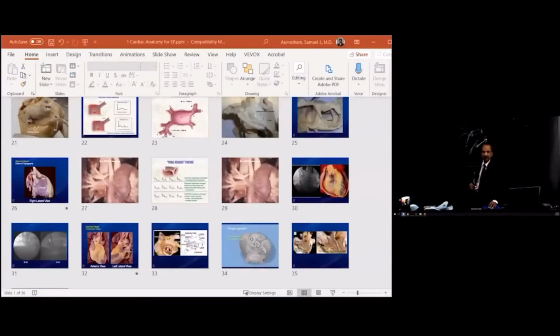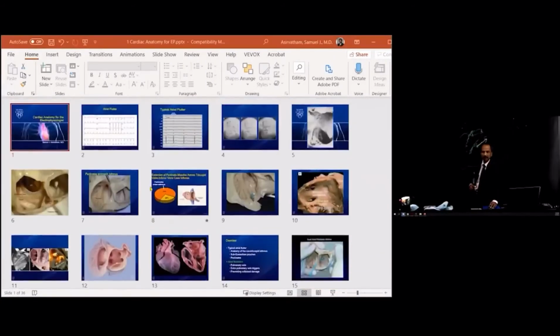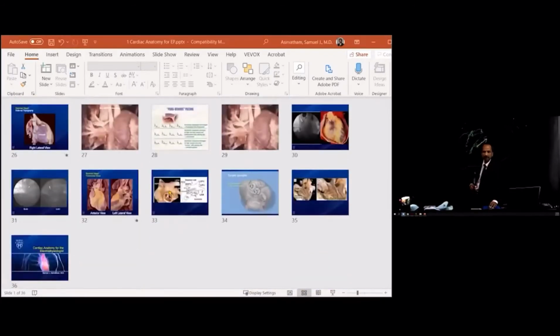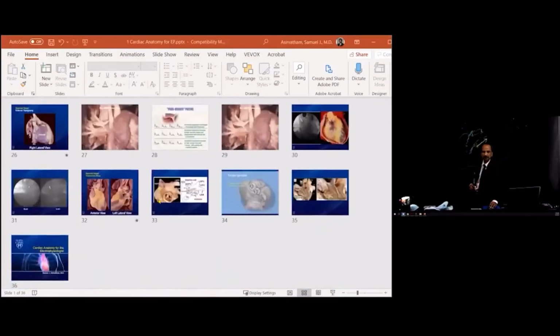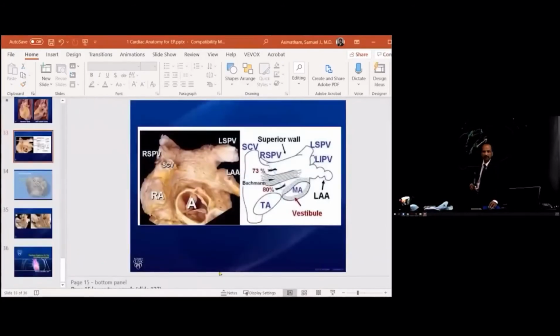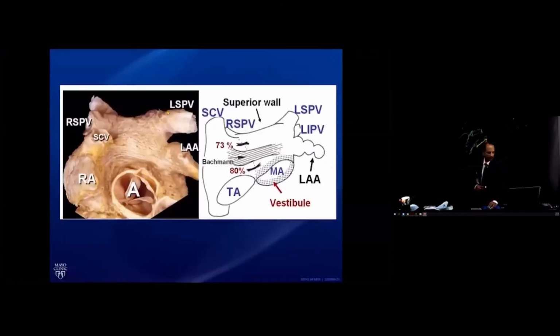So if we look up at this figure here, this is a very beautiful dissection from Dr. Damian Sanchez-Quintana, and it shows this central location of the aortic valve.